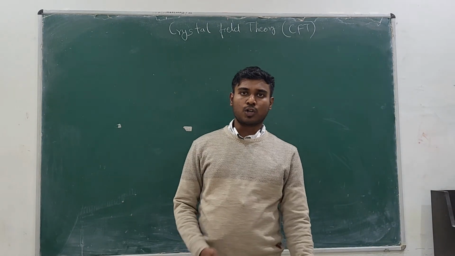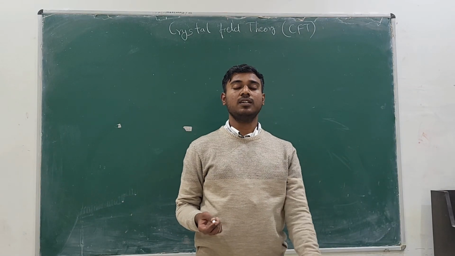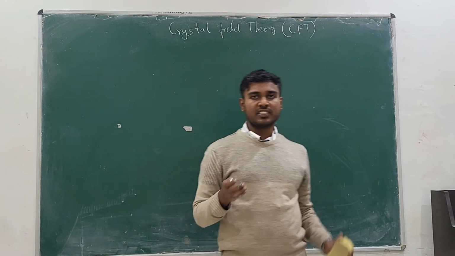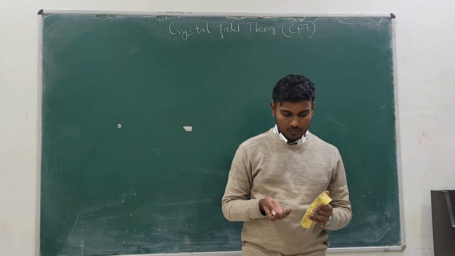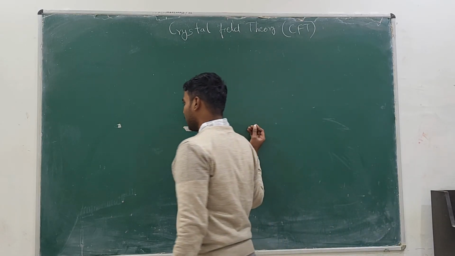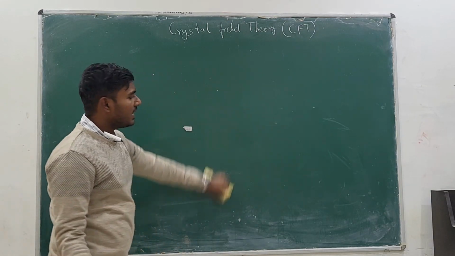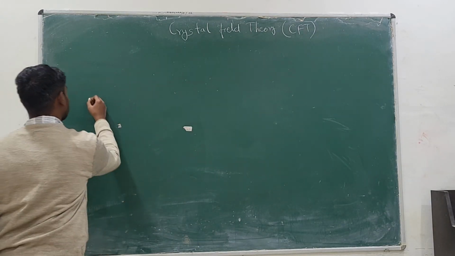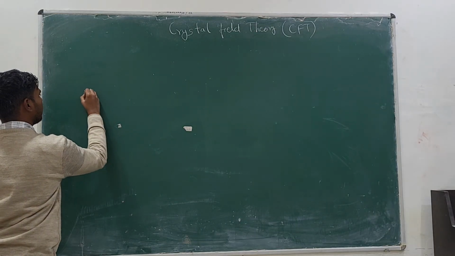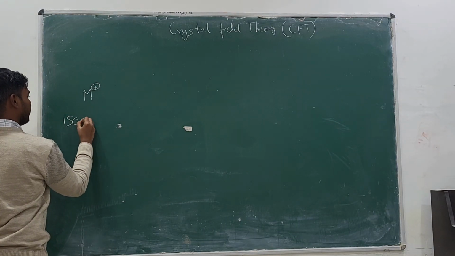Before moving towards the octahedral complex formation and tetrahedral complex formation, I will explain how crystal field theory works and how it explains the complex formation. So first of all, our metal is considered as an isolated metal ion. This is our isolated metal.